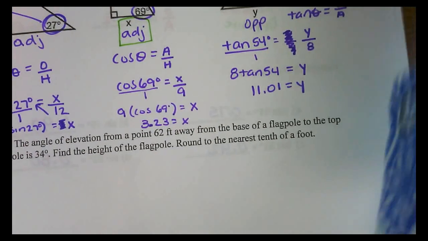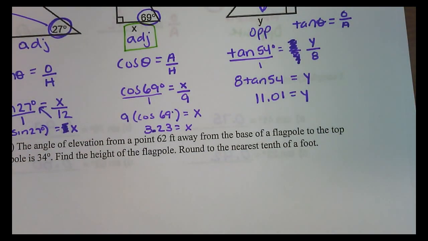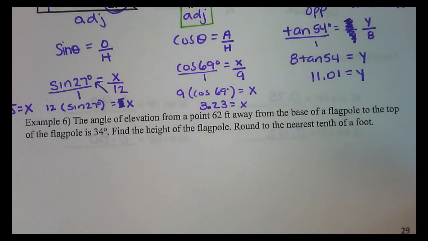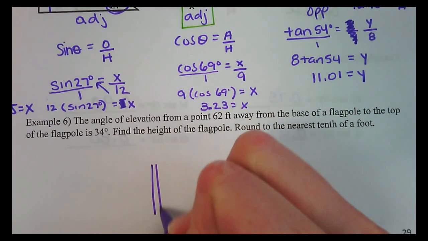Example 6, we have a word problem. When you have a word problem, you're going to have to draw a picture. It says the angle of elevation from a point 62 feet away from the base of a flagpole. So let's draw a flagpole.